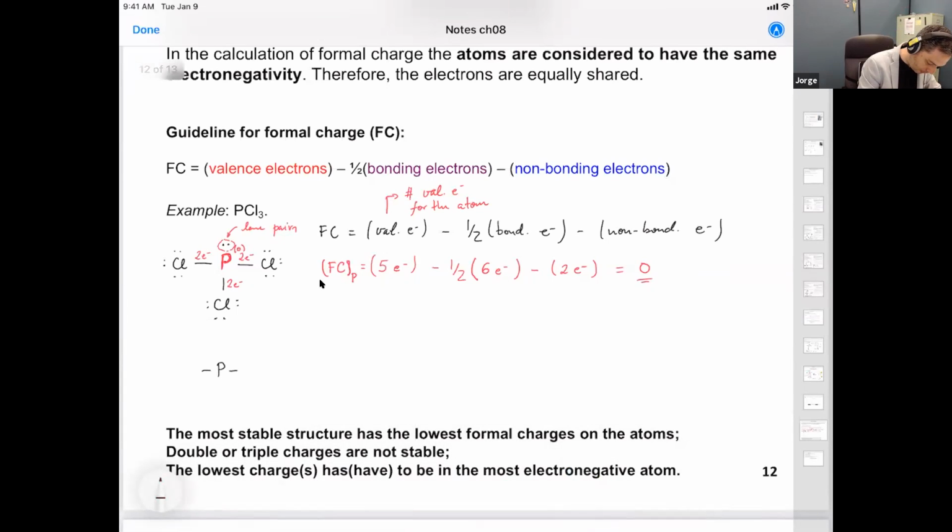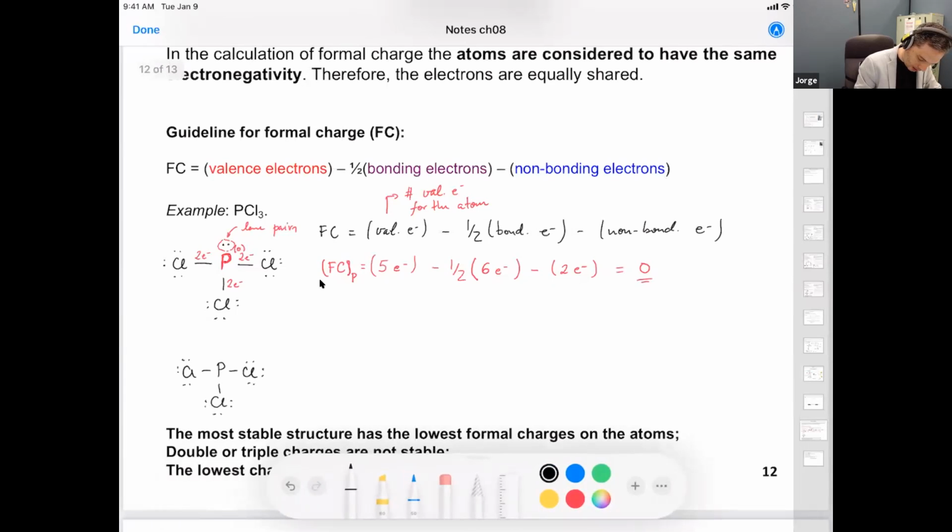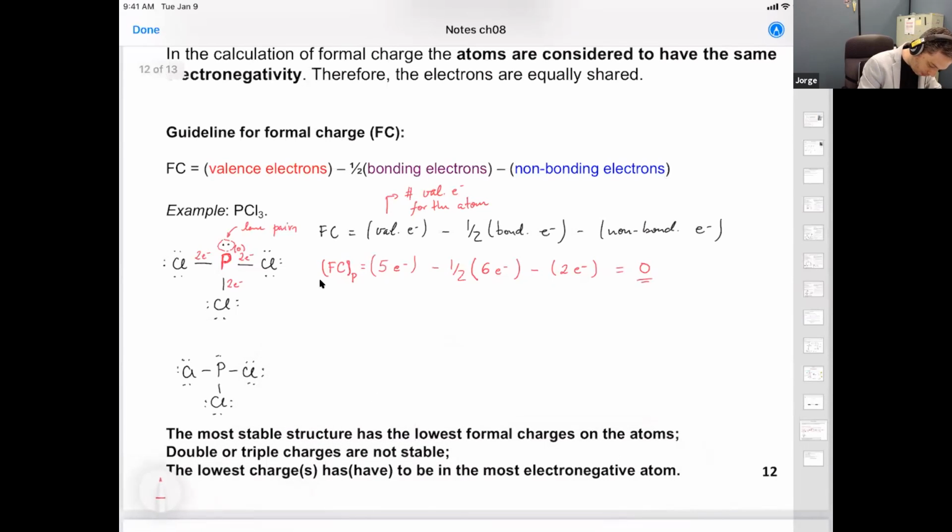We have here PCl3, and we determined that the formal charge for phosphorus is 0. So let's put that between parentheses on the top right corner.